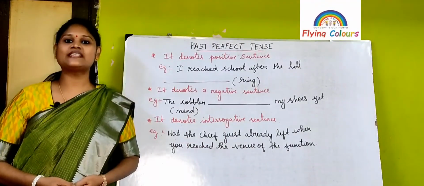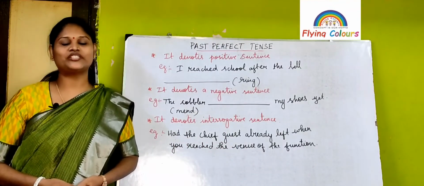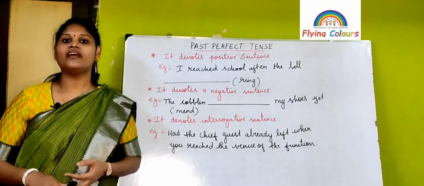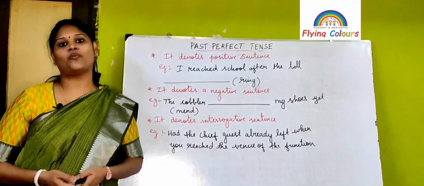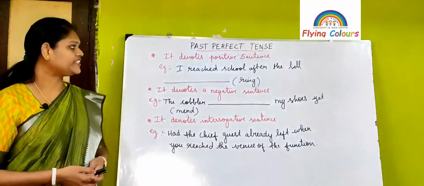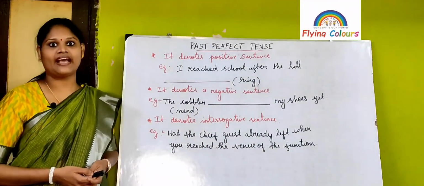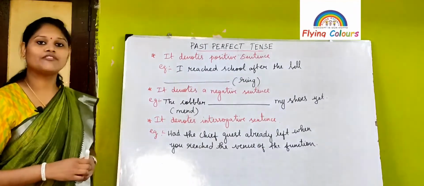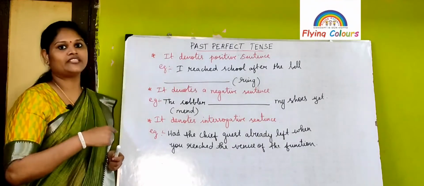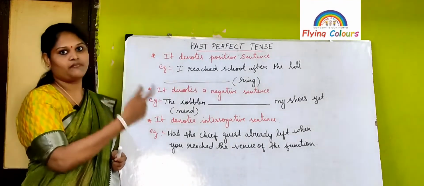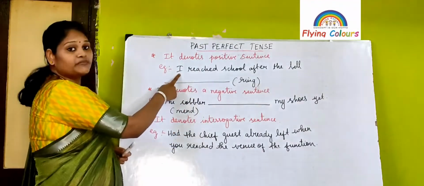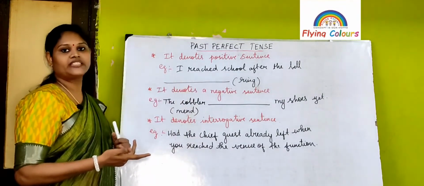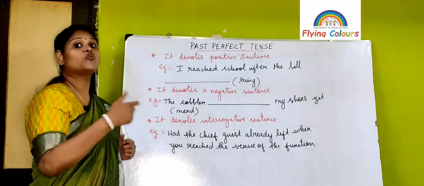Like other tenses, past perfect tense also has positive sentences, negative sentences and interrogative sentences. Let me teach you an example for a positive sentence. I reached school after the bell dash, within bracket the main verb is ring. So, what is the formula for past perfect tense? Subject plus had plus past participle. Here the subject is already given. What is the subject? I. What do you mean by a subject in a sentence? The sentence is about what?